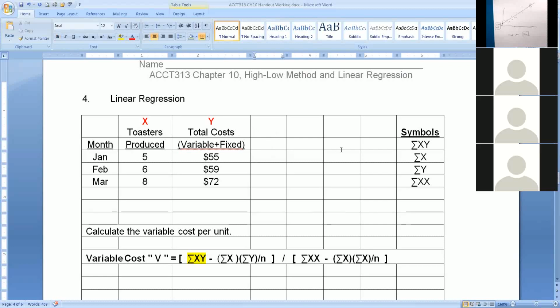So what we're going to do is multiply x times y. Here's our x, 5. Here's our y, 55. So 5 times 55 is some number that I'm going to calculate right now.